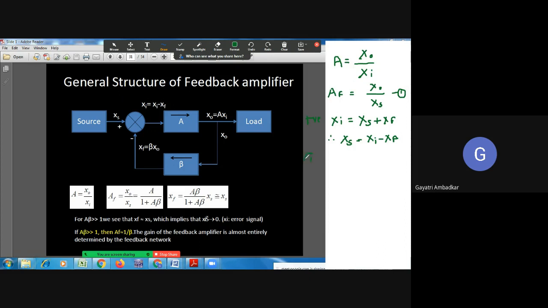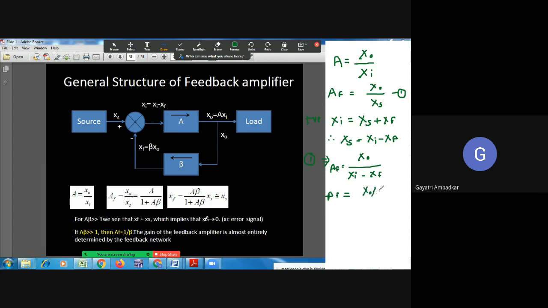So in this case, my equation 1, that is the gain with feedback, will become XO upon XS, and this XS is XI minus XF. This is the gain with feedback. Which feedback am I applying? Positive.